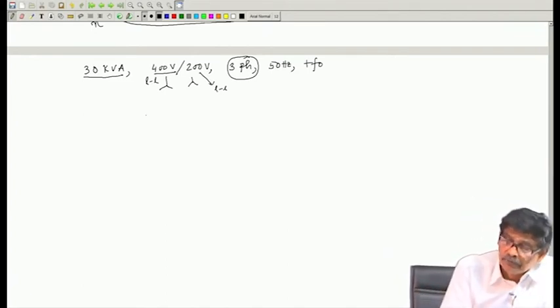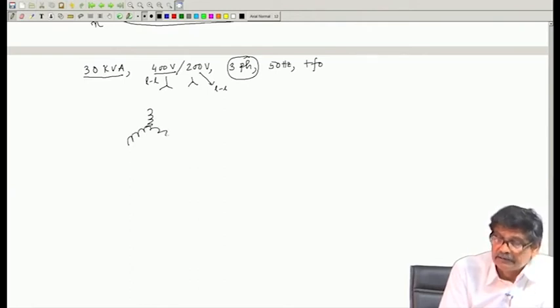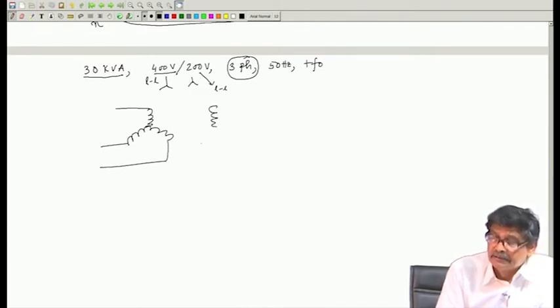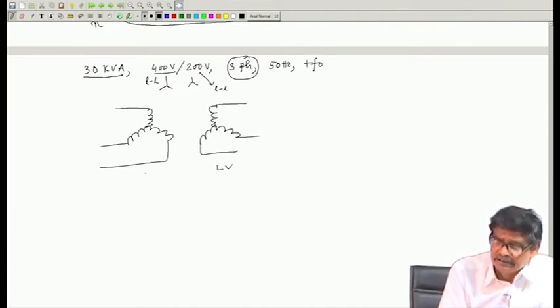So, what do you do? The transformer you connect generally, as I told you, from the LV side you carry out the no load test. So, suppose this side is LV, this side is HV.